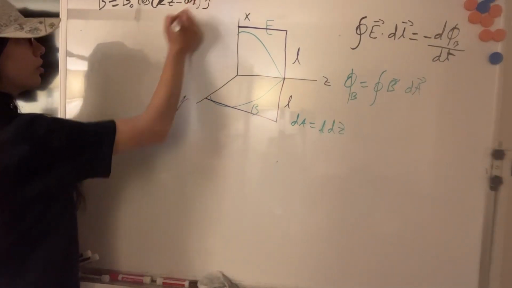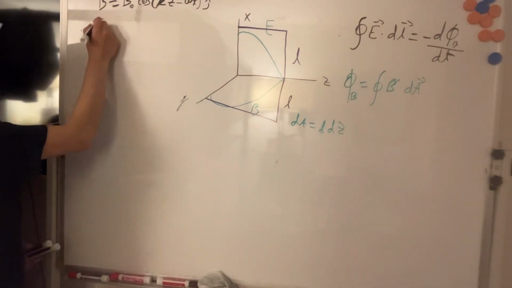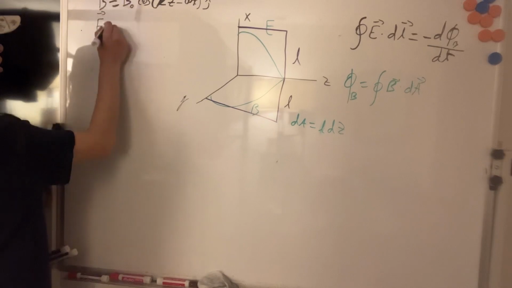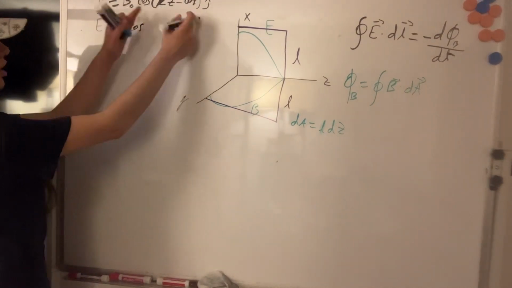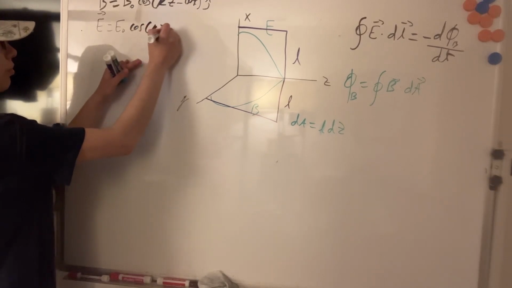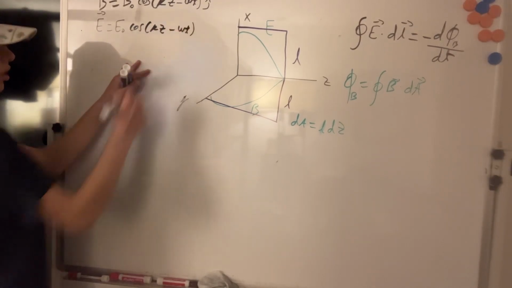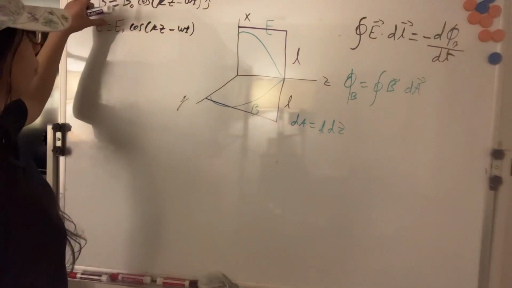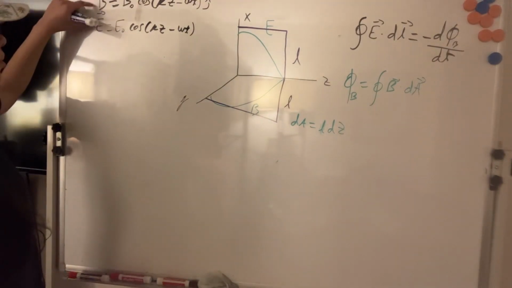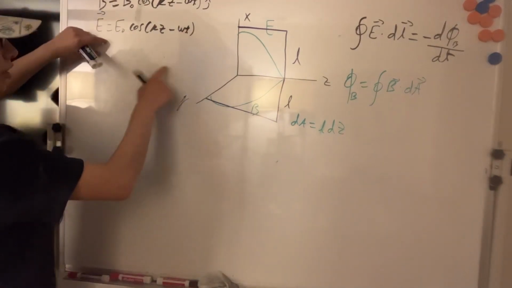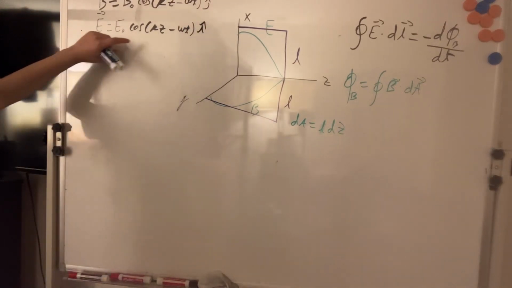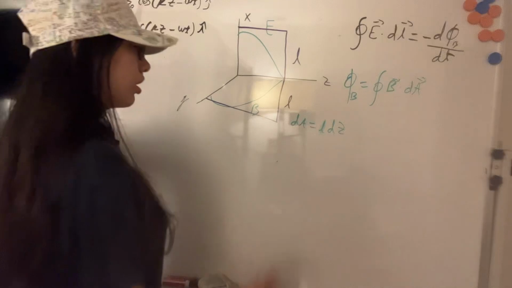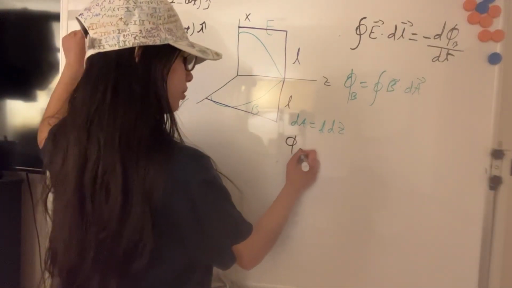And the electric field is the original electric field times the same cosine. In other videos, we talked more about the equations of this. The electric field goes in the x direction, like this. So I have B equal to this, and so the magnetic flux.